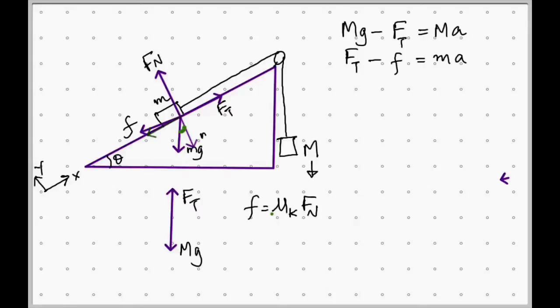Therefore this would be mg cosine theta, and this would be mg sine theta. Therefore, what is Fn equal to? Fn is equal to mg cosine theta. Can't you see that? So friction would be mu k mg cosine theta.